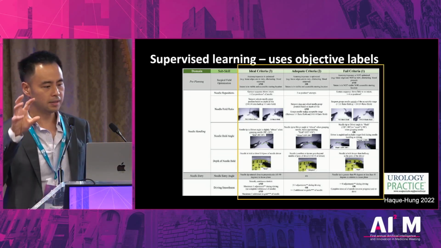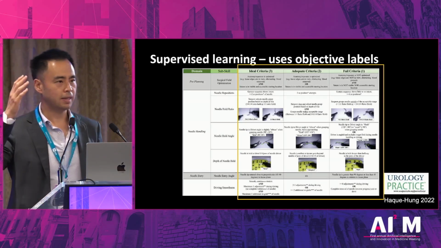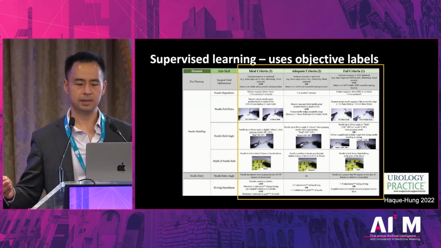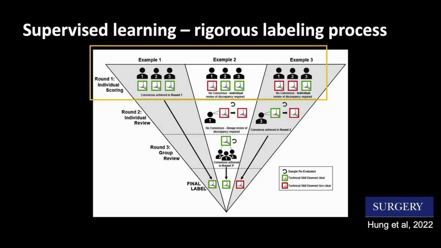And each cell, so looking down on the vertical columns, there's an ideal example, there's an adequate example, and there's a fail. So to fulfill the criteria for each of these things, we created objective descriptors or criteria of how you would score in all of that. So the idea here is that one of the criticisms of a skill assessment is that it can be a subjective assessment, but here we've really made it objective.